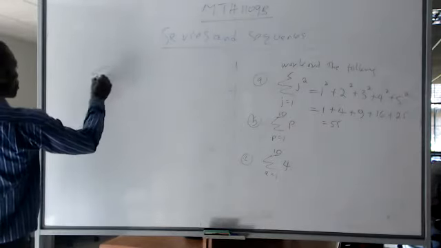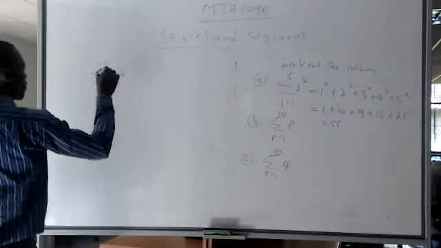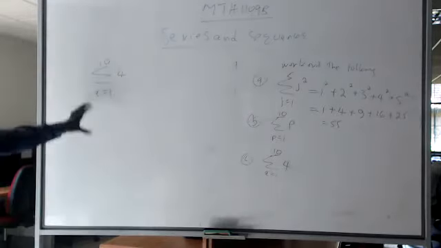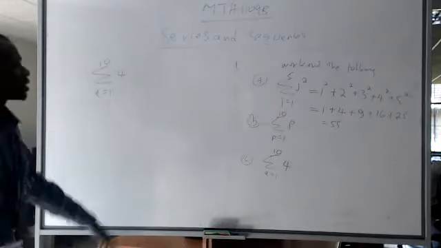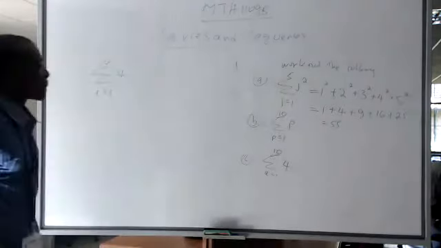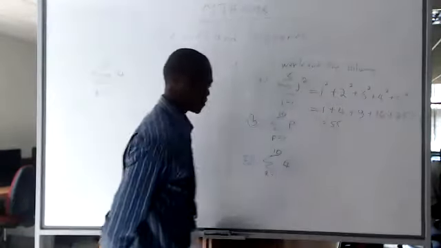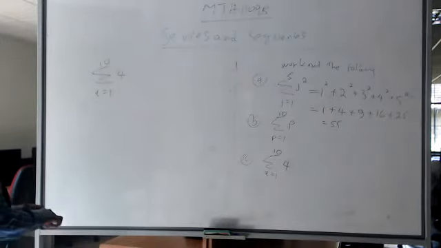We need to compute the summation from a is 1 to 10 of the term 4. How many terms are you adding? 10 terms. What are the 10 terms? You add 4, 10 times.